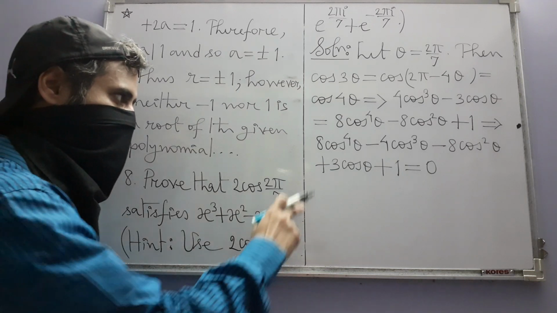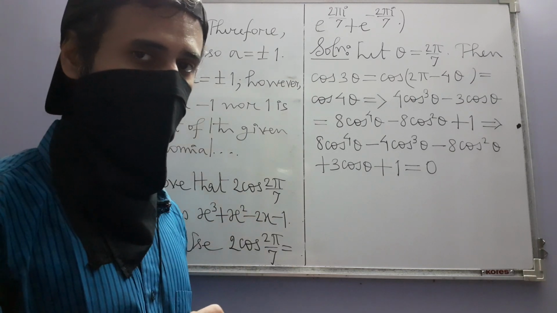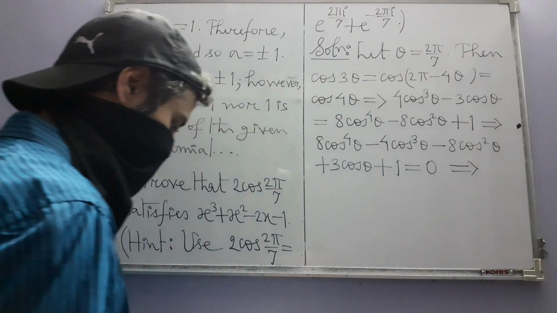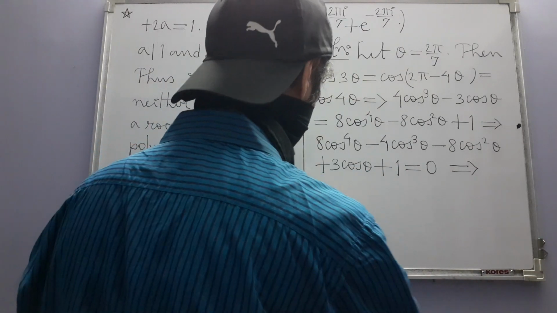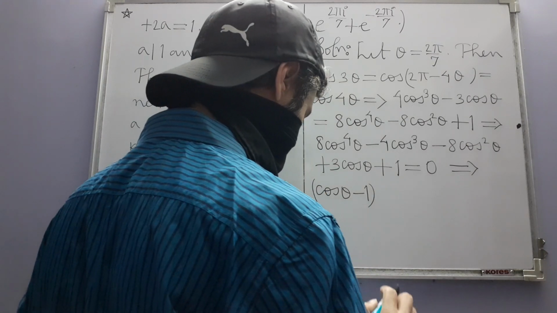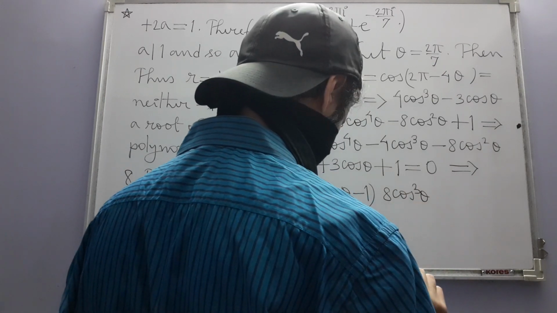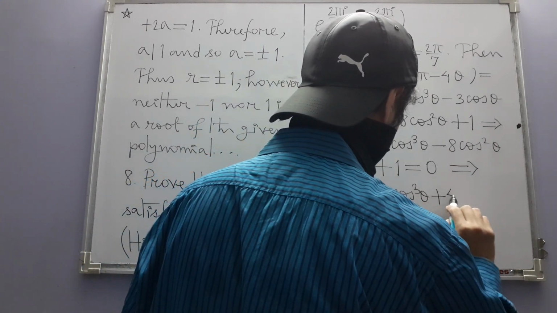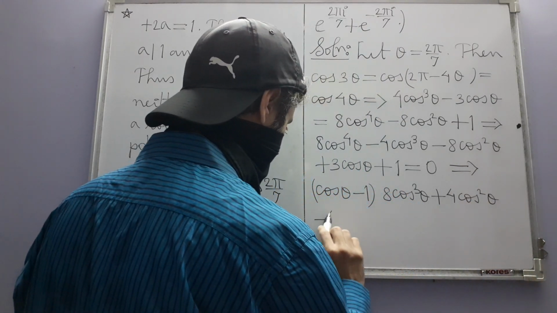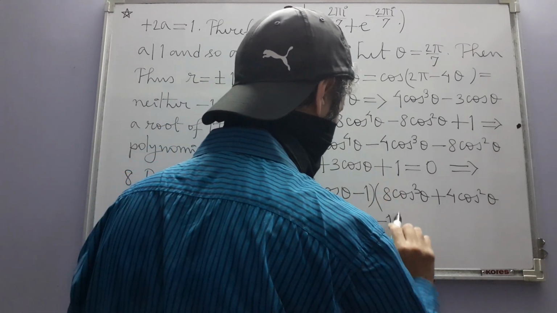And the thing is that this expression, this polynomial in cos theta, can be factorized like this. Cos theta minus 1 times 8 cos cube theta plus 4 cos square theta minus 4 cos theta minus 1.